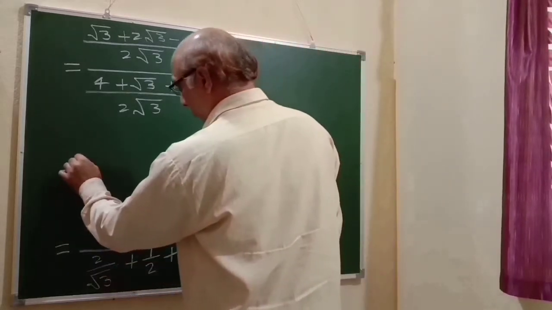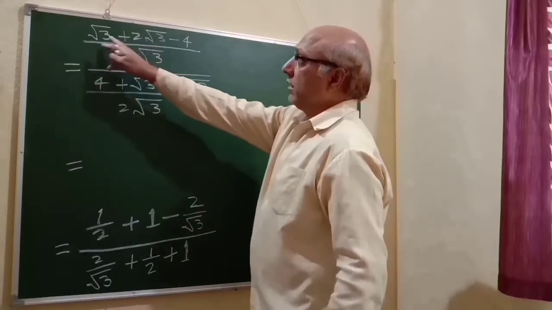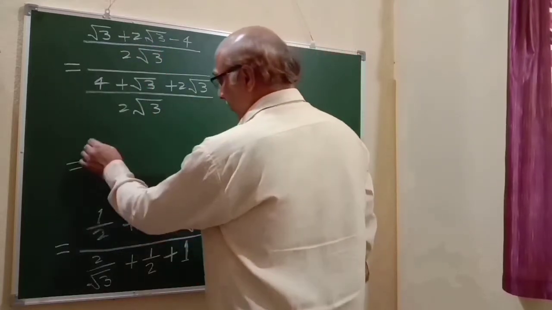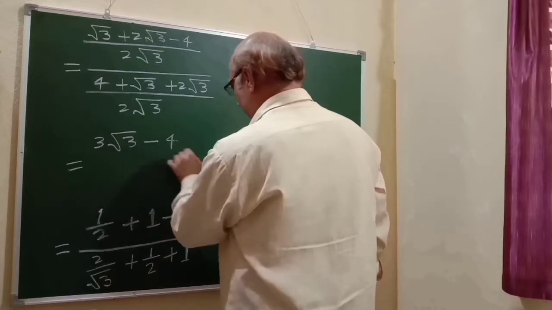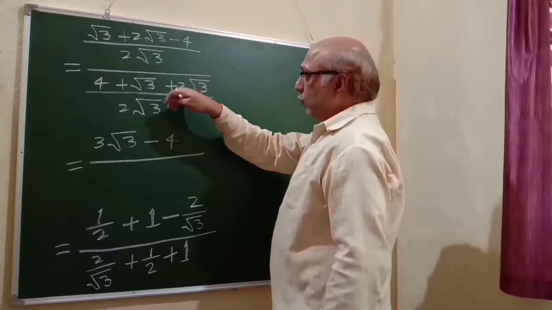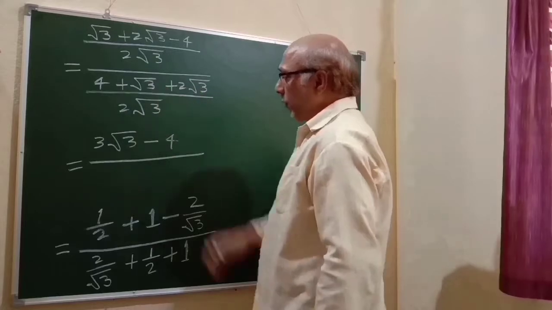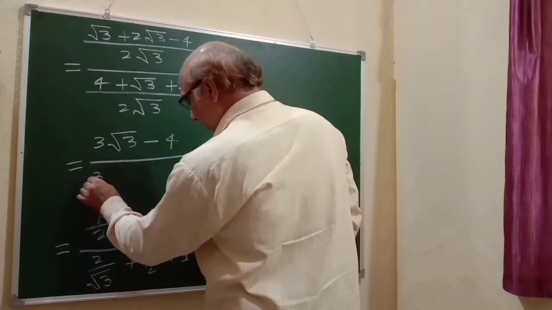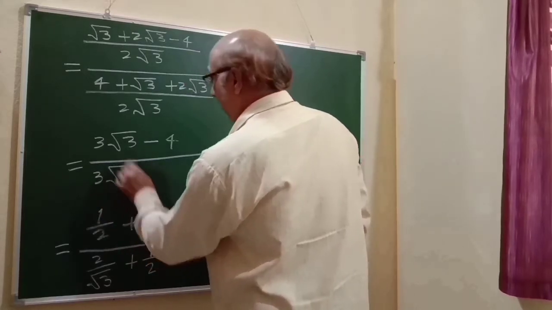This is equal to, here root 3 and 2 root 3 are like terms, so we add these two terms, we get 3 root 3 minus 4 by, here again 2 root 3 and root 3 are like terms, so we can add these two terms, we get 3 root 3 plus 4.